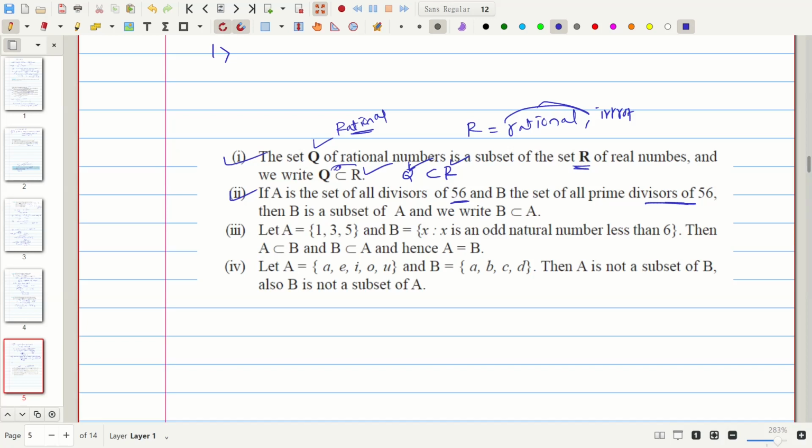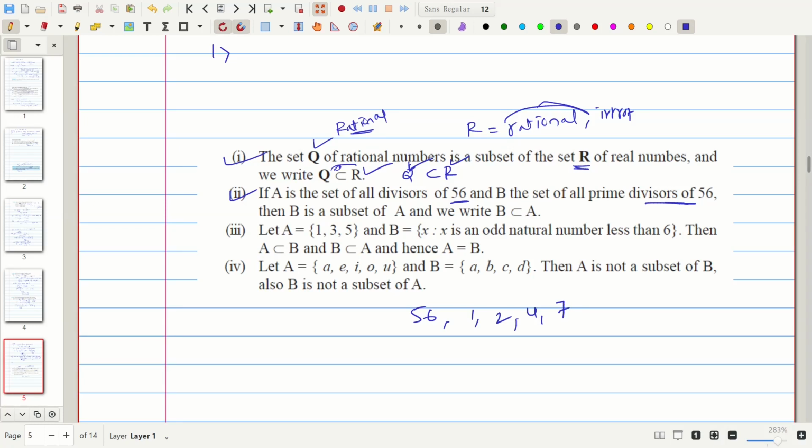So what are the numbers that divide 56? 56 will be divided by 1, by 2, by 4, by 7. Like that we can write.